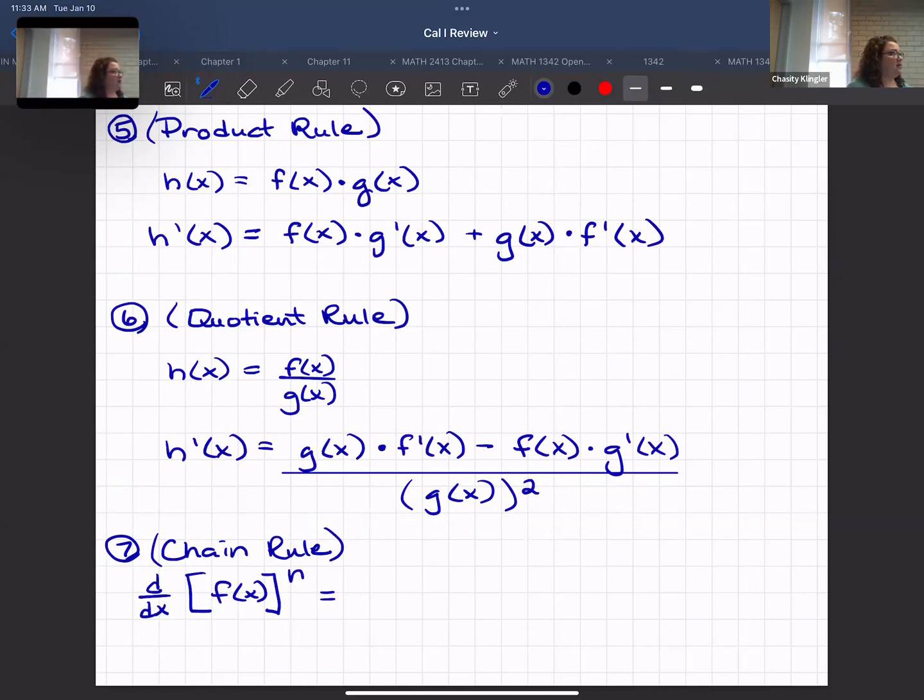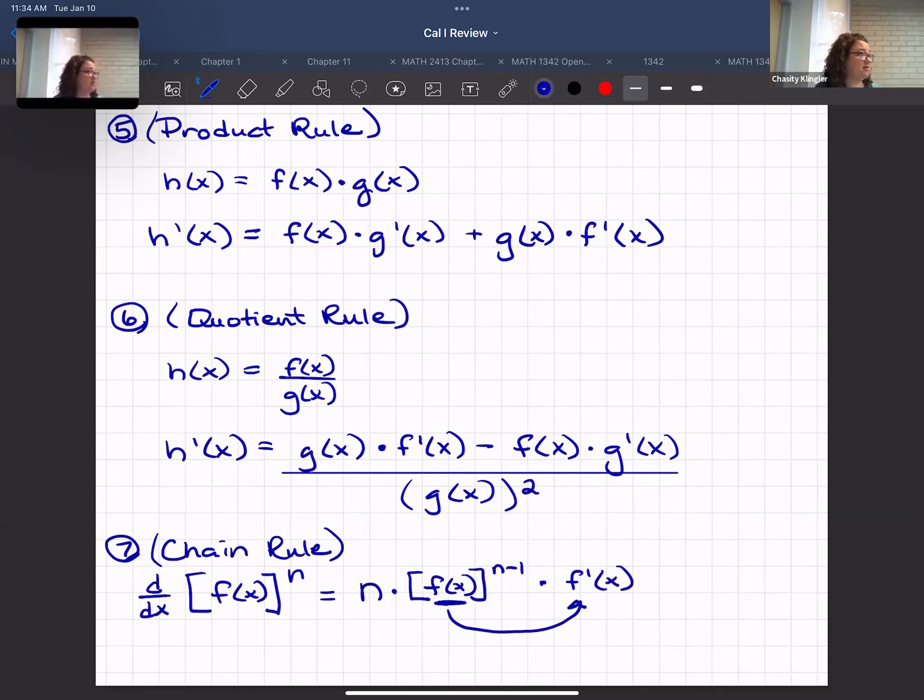Kind of work from the outside in, but everything gets the derivative taken, and you can only do it once at a time. So we're going to start with the power, apply its rule. Bring the power down, and that's still going to be times f of x without doing anything to it. I've just applied the power rule. And then that's multiplied by the derivative of whatever is inside, or whatever is the inner function.